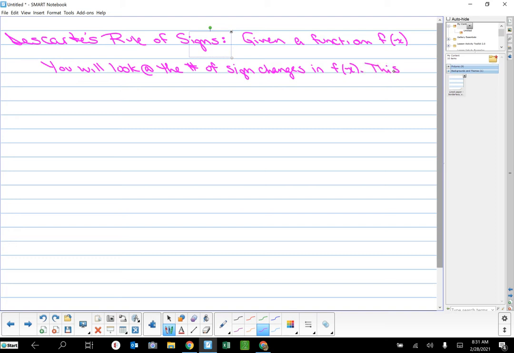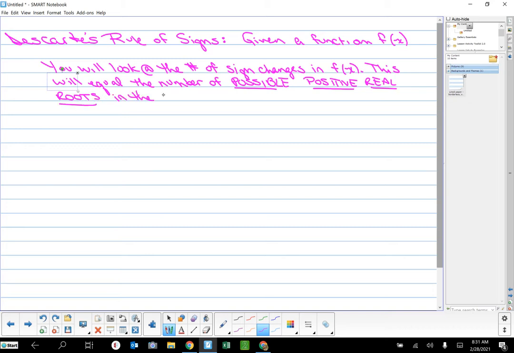Okay, this will equal the number of possible positive real roots in the function, and they will come in pairs. And we'll explain what that means in a little bit.